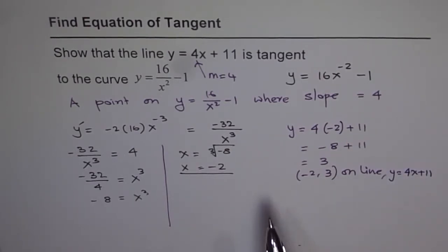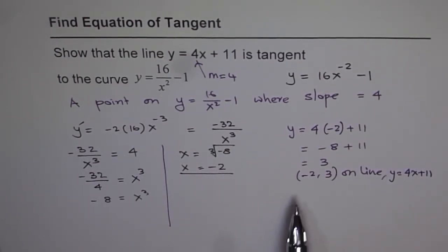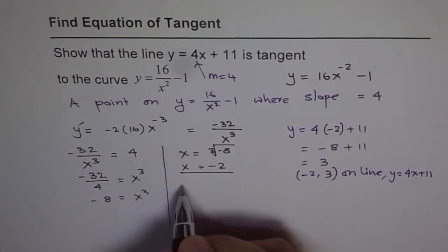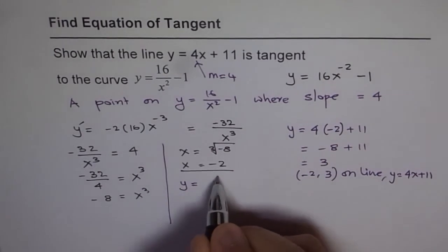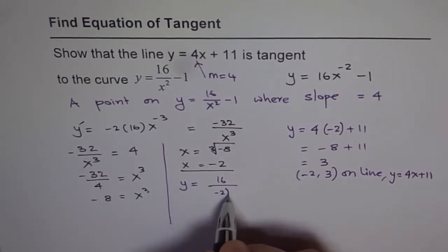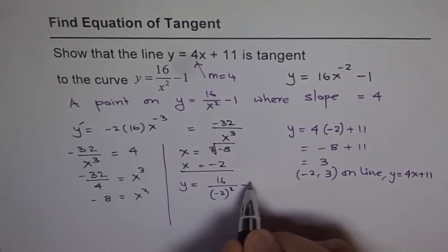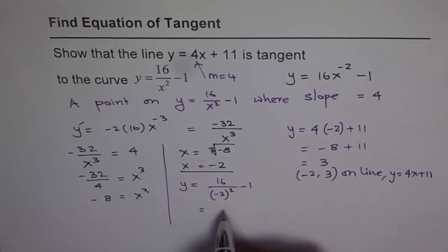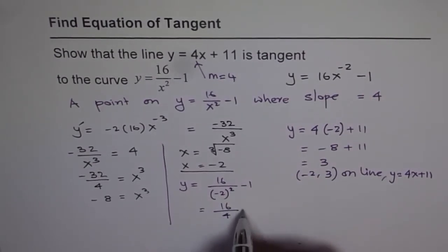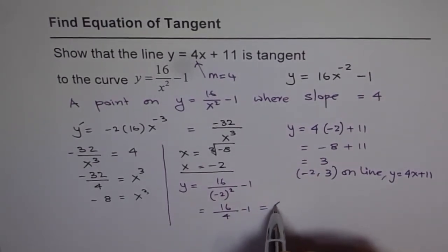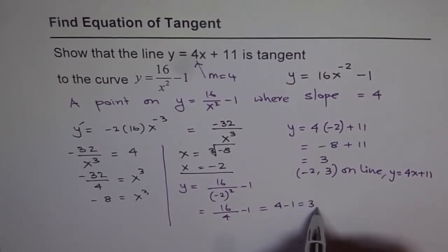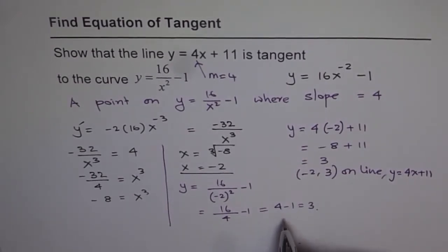Now let's figure out the value of y when we plug this point into our curve. y equals 16 over minus 2 squared minus 1, which gives 16 over 4 minus 1, that is 4 minus 1 equals 3. So indeed the point is the same.